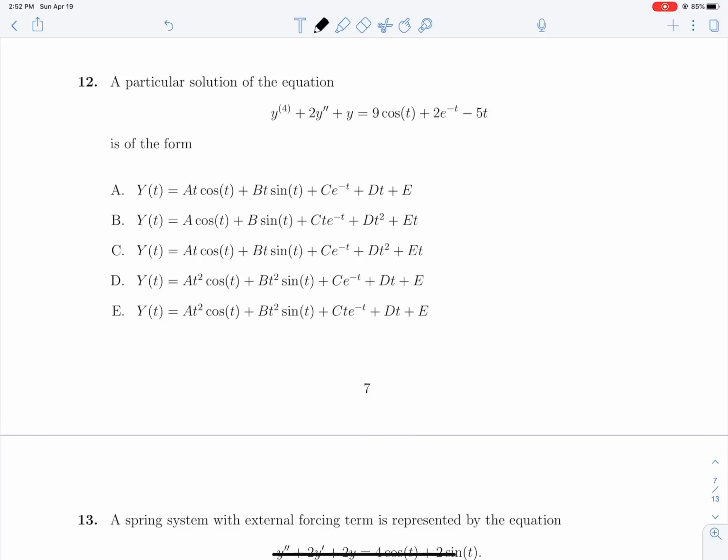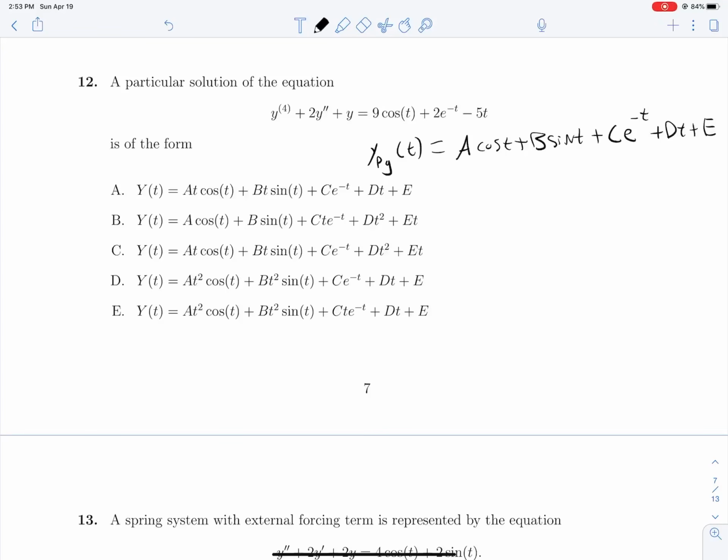Because we have some constant times cosine, our guess for y particular of t would be a cosine t plus b sine t, and then our 2e to the negative t would just be plus c e to the negative t, and then we have to split up this polynomial with negative 5t into plus dt plus e. And so this is what we would like it to be.